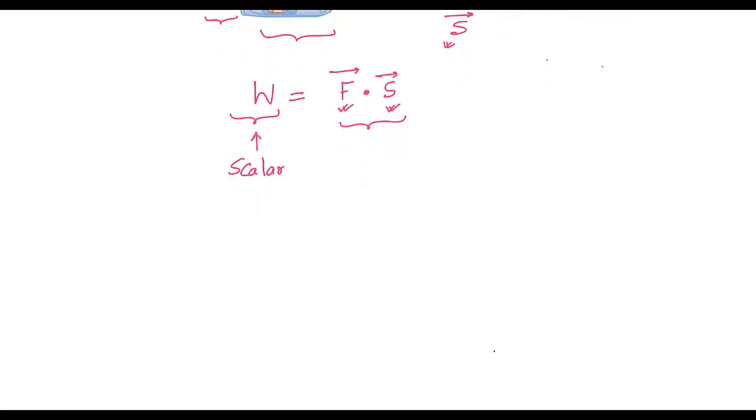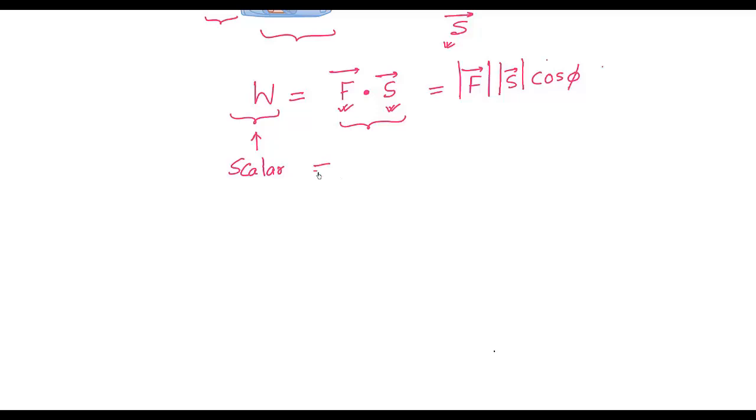If you remember, we can also write this F dot S using the vector formula. In vectors you might have studied that F dot S is simply the magnitude of F multiplied by the magnitude of S multiplied by cos phi, the cosine of the angle between them.